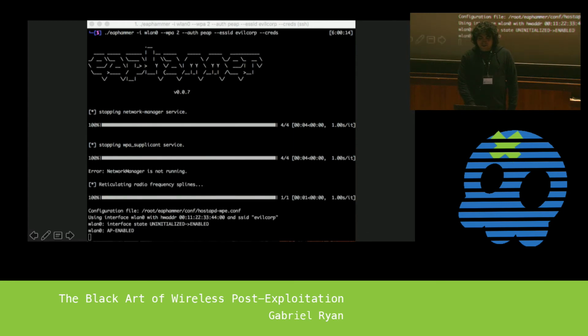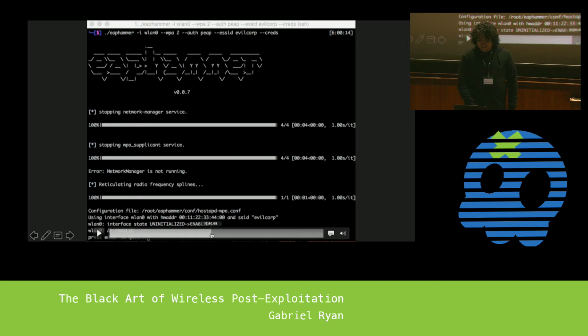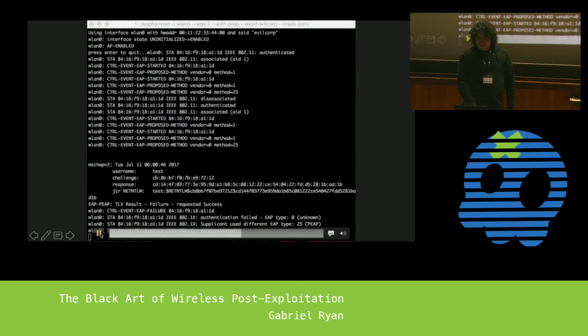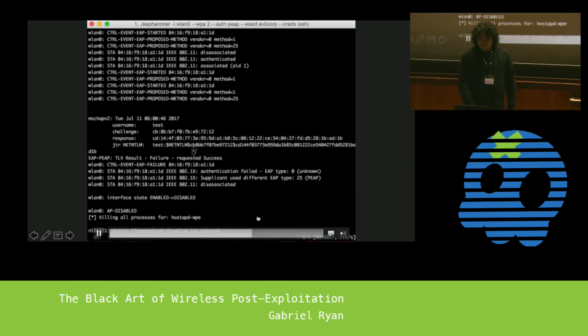Any Mr. Robot fans here? So it's going to sit a second. Yeah, so here you see the client device is connecting and the authentication process is beginning. And pretty soon you should see the MS-CHAP-v2 challenge and response show up on the screen. There we go. Then you take those and crack them.